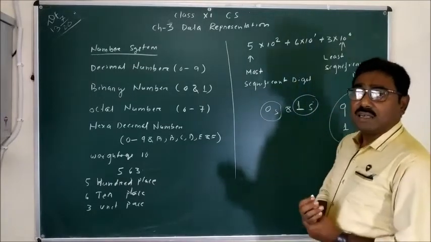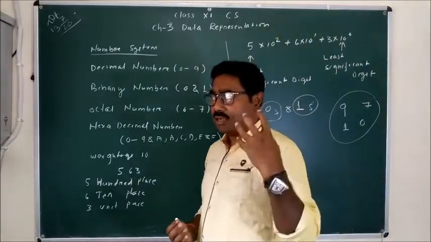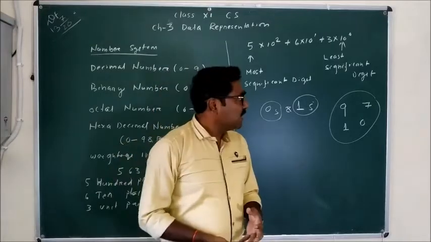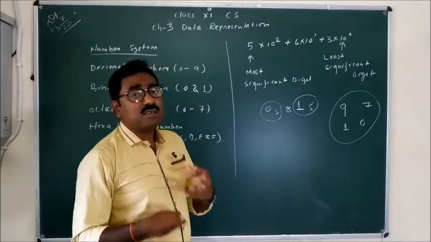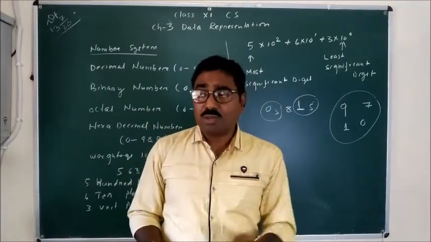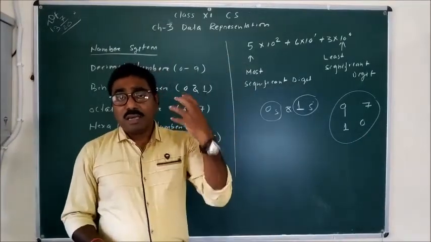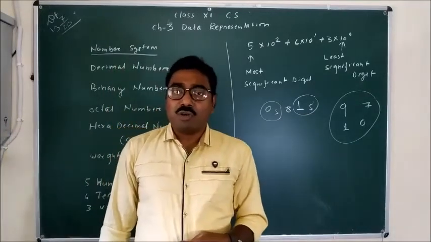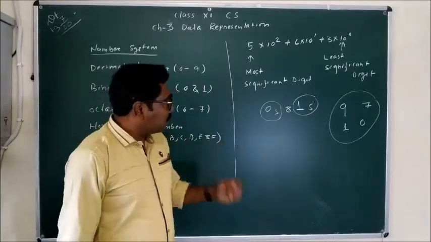Whatever data we're entering, whether characters, alphabets, special symbols, or digits, each and everything is converted into some electronic or electrical format, which is known as an electrical pulse or electrical signal.